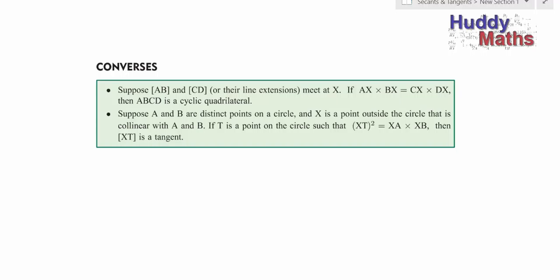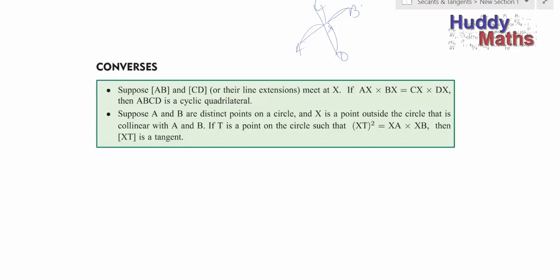So if you had AB and CD meeting, and if you could show that AX times BX, so that's this product, equals CX times DX, then you could say AC and BD would be chords, or A, B, C, D would lie on the circumference of a circle, because this is the intersecting chord theorem.